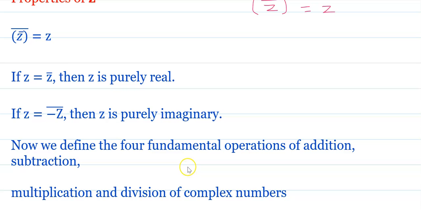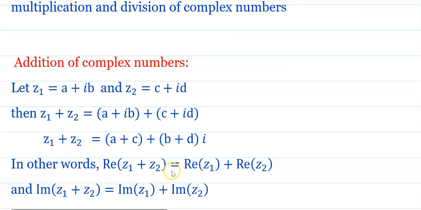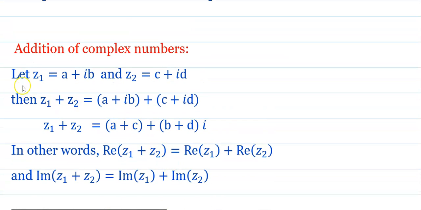These are the fundamental operations. Just like we see addition, subtraction, multiplication, division for real numbers, similarly for complex numbers also it is very easy. Addition of complex numbers: z1 is equal to a plus ib and z2 is equal to c plus id. These are the two complex numbers. Then z1 plus z2 is equal to a plus ib, first complex number, plus second complex number c plus id. Therefore z1 plus z2 is equal to real part a, real part c, add it, plus imaginary part ib, imaginary part id, add it, take the i as common.